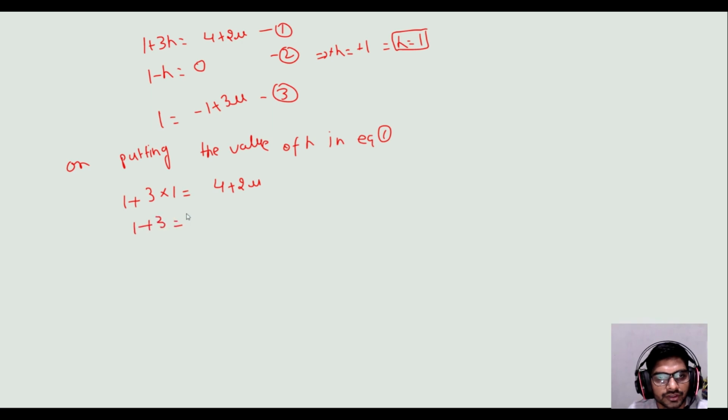So 1 plus 3 equals 4 plus 2 mu, so 4 equals 4 plus 2 mu. This will give mu equals 0. So lambda equals 1 and mu equals 0.